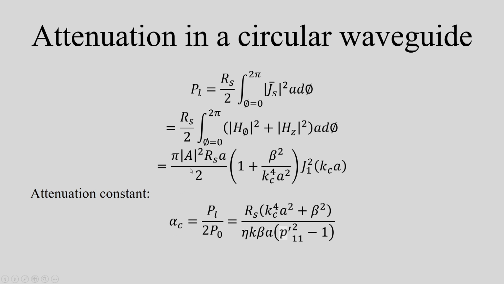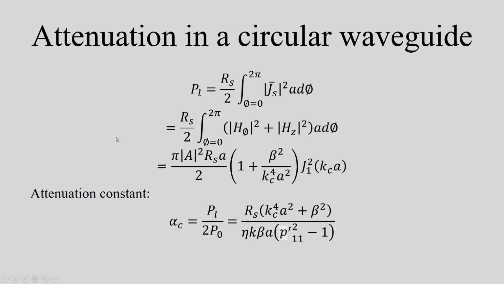So, we substitute P L and P naught from these two expressions we have just derived, and after some simplification we get alpha c as shown in this expression: R s k c to the power 4 a square plus beta square divided by eta k beta a, where p dash 11 square, the first root of the derivative of the first order Bessel function, minus 1.